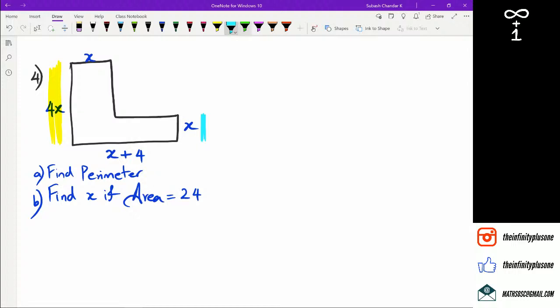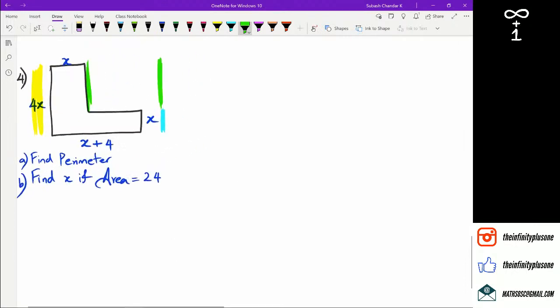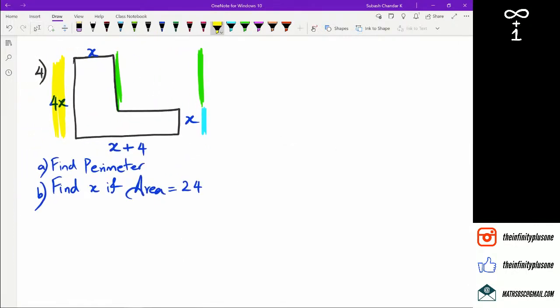Then I've got blue here, which is equal to x. And the green part is the unknown. I don't know what it is. But what I do know is green and blue add up to yellow. If yellow is worth 4x, then green has to be 3x. So that's how I figure out what my first length is.